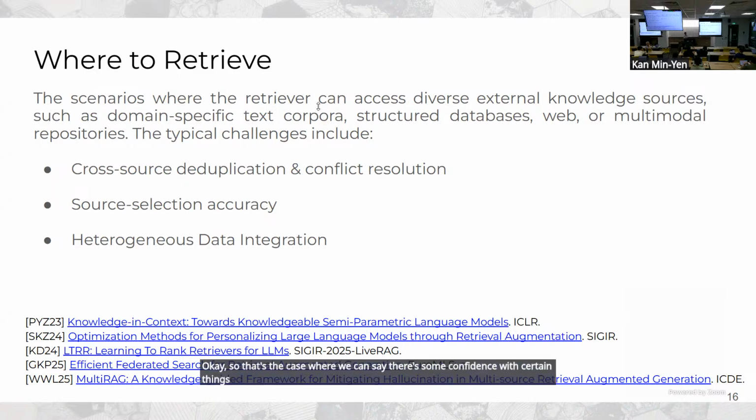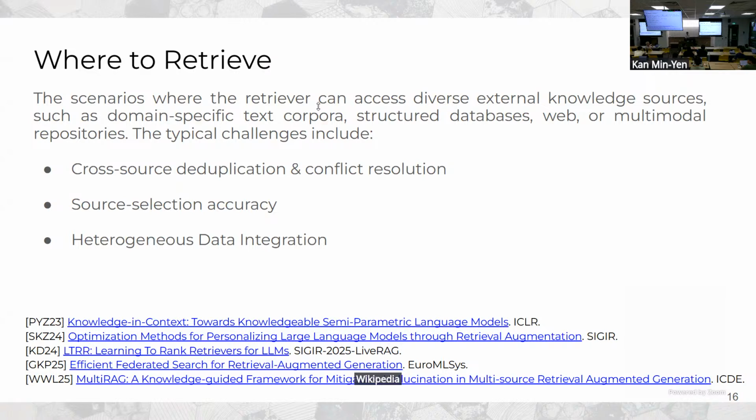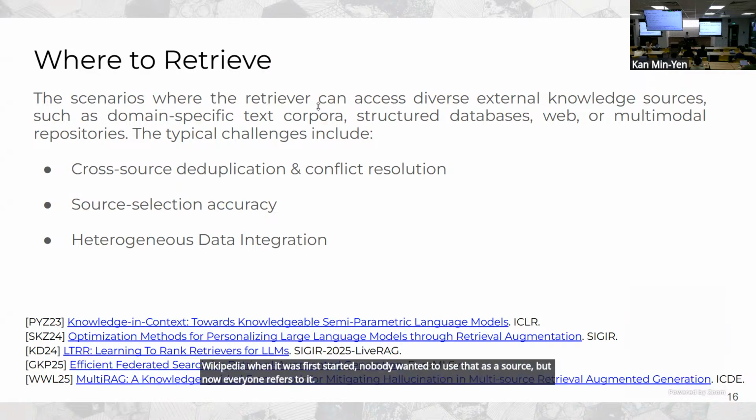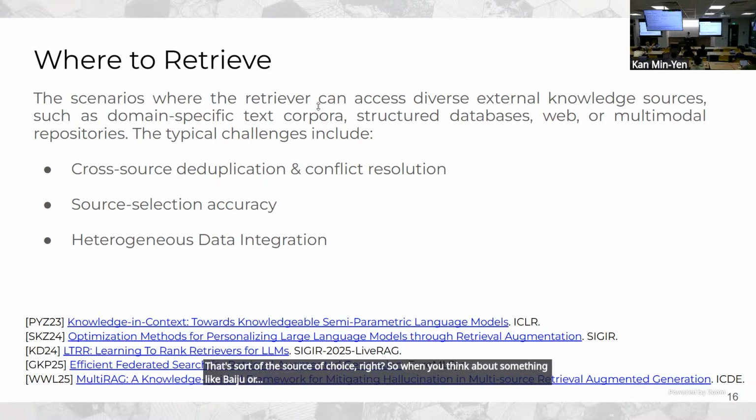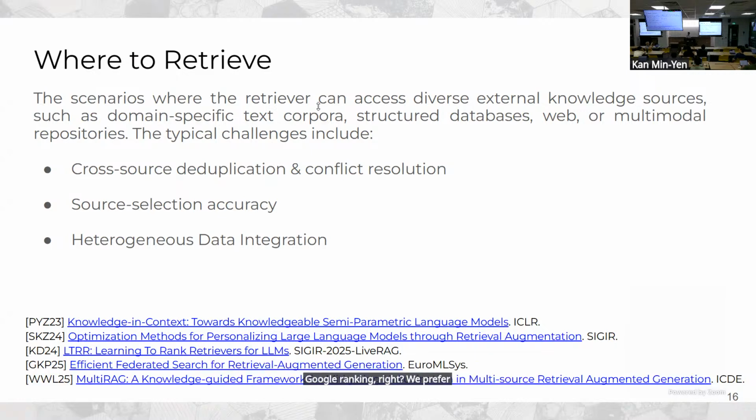To make it concrete, when Wikipedia was first started, nobody wanted to use it as a source, but now everyone refers to it as the source of choice, right? When you think about something like Baidu or Google ranking, we prefer things toward the top of the list. Is that the correct interpretation of source selection accuracy?